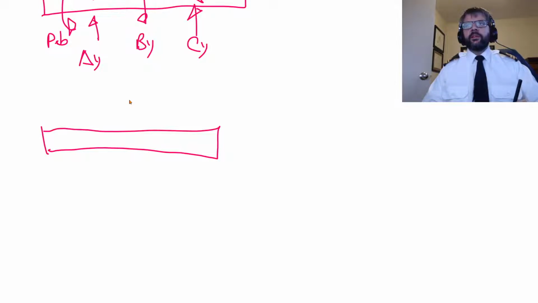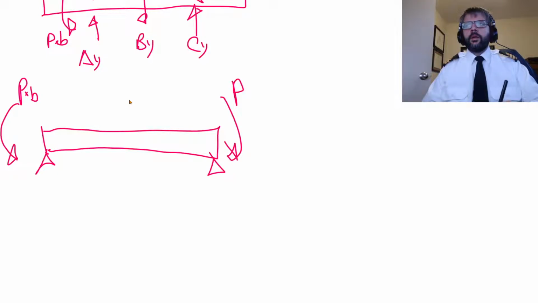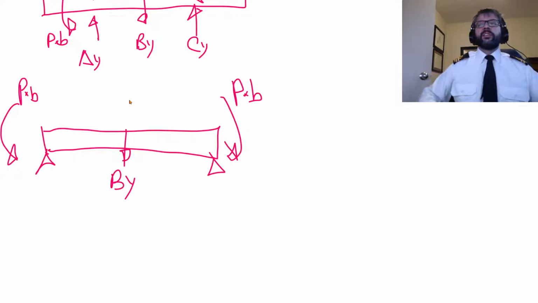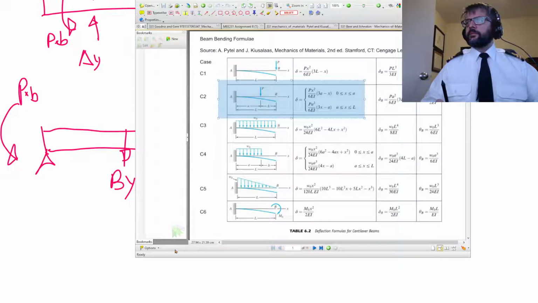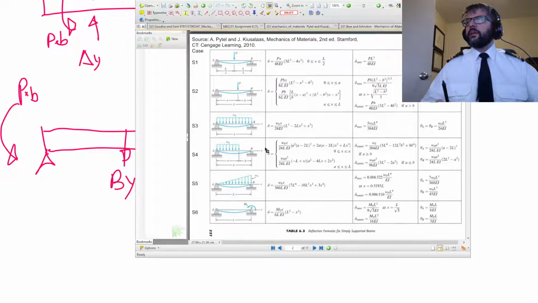So we can treat that as if we've got this is the situation going on. So going to our beam bending formula, let's see here. So we're going to want S1.